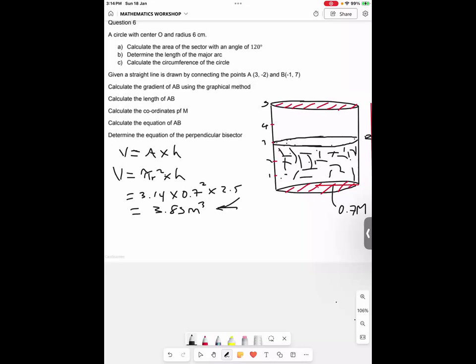So now I can say that the volume of water currently in the tank is going to be 3/5 times 3.85, because the complete tank can hold 3.85, and the amount of water that is in it right now reaches about 3/5 of the height. So go ahead and calculate for me what is 3/5, or 3 divided by 5 times 3.85.